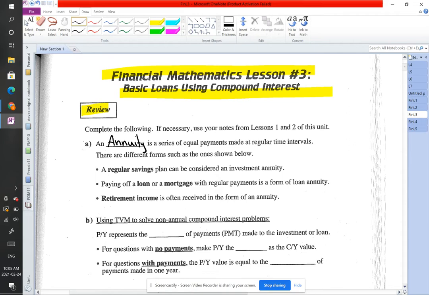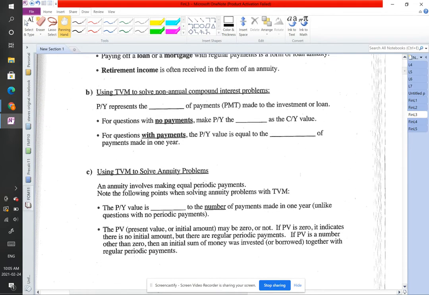So when we're using a TVM calculator to solve non-annual compound interest problems, PY represented the number of payments made to the investment or loan. For questions with no payments, make PY the same as the CY value. And for questions with payments, the PY value is equal to the number of payments made in 1 year.